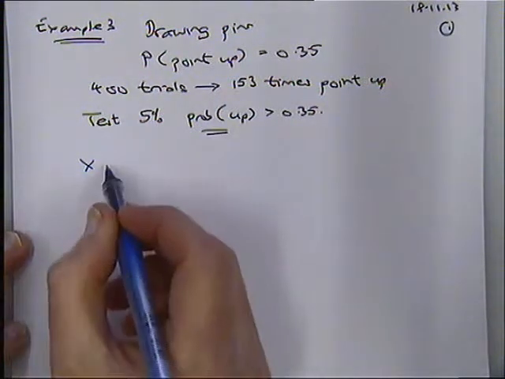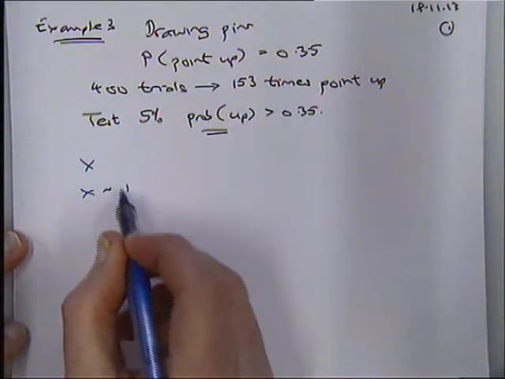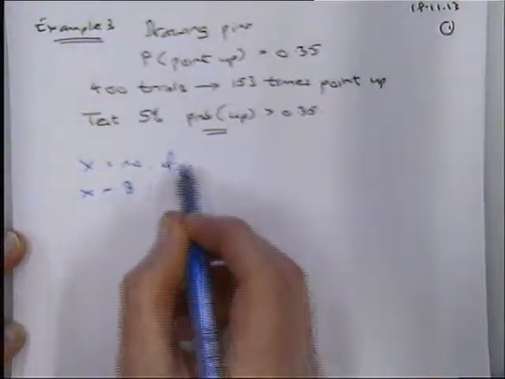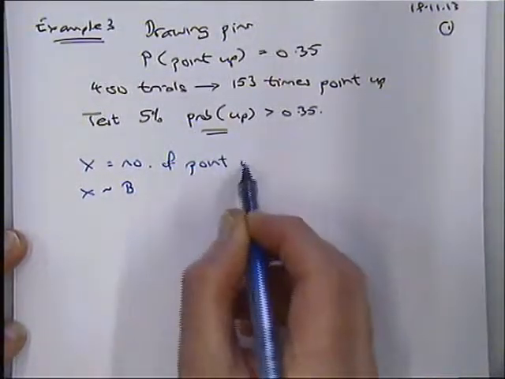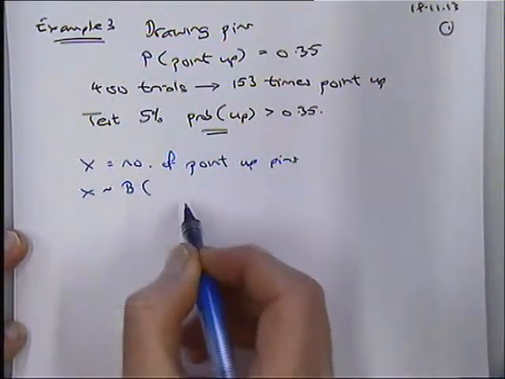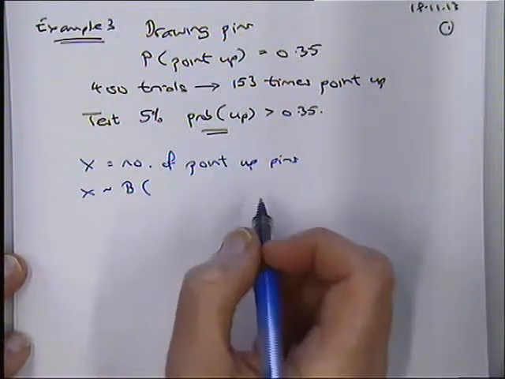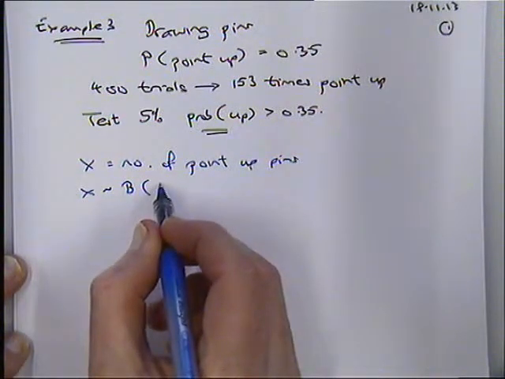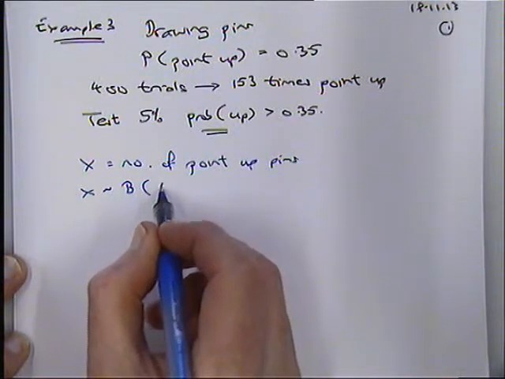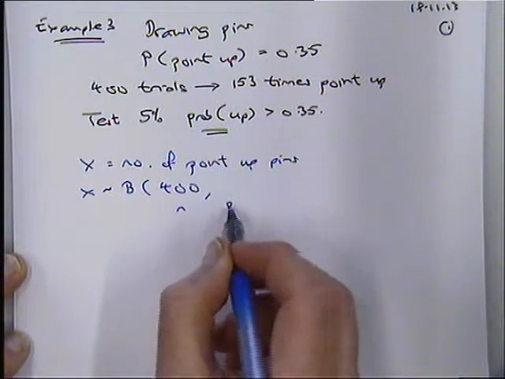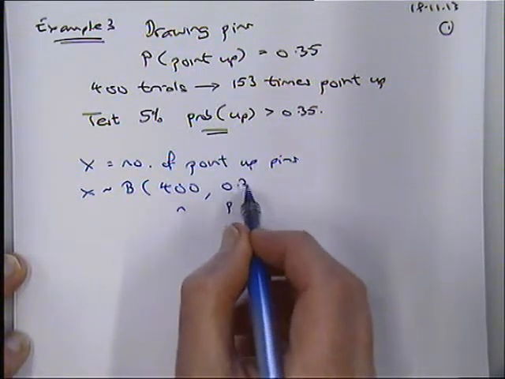Binomial. So X is going to follow the binomial distribution, where X will be the number of point-up pins. What will my two parameters be? 400, that will be my n, and my historical p, 0.35.